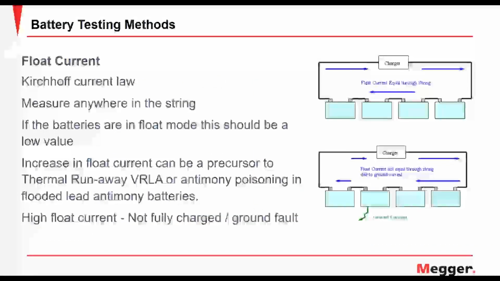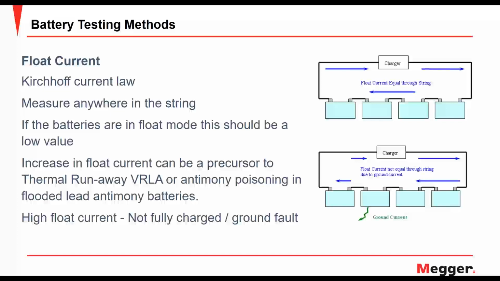The third test we can do is float current, to measure the float current going through the battery in float mode. You can measure it anywhere in a string. And this float current usually will be very, very low in the float mode.